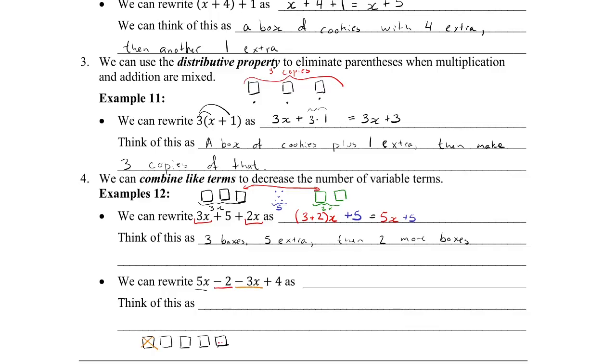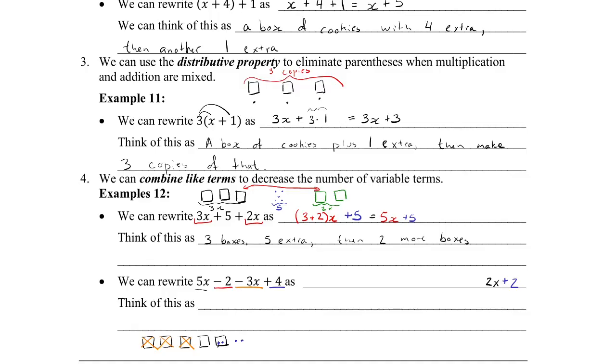So I'm going to take away 3 boxes. And finally, plus 4. Well, I'm going to replace those 2 missing cookies. And then I've got 2 extra cookies. So I'm hoping that I'm going to get 2x for the 2 boxes I have left, plus 2 for my 2 extra cookies.